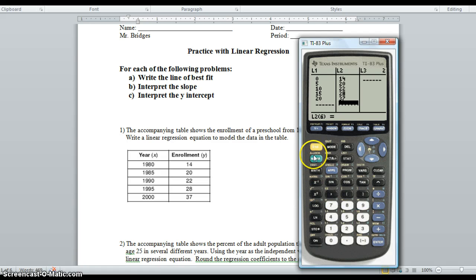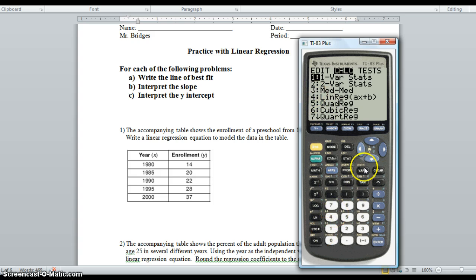So I will go to Stat, go to Calc, and I want to go to number 4, which is linear regression. I need to put second L1, comma, second L2, comma, and then also put your y variable in the calculator.